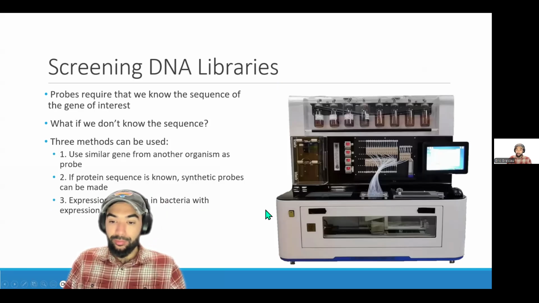This image at the right, all we're looking at here is an oligonucleotide synthesizer. So this is basically an instrument or a machine, and what it does is we supply it with reagents. Usually the reagents contain a few things.